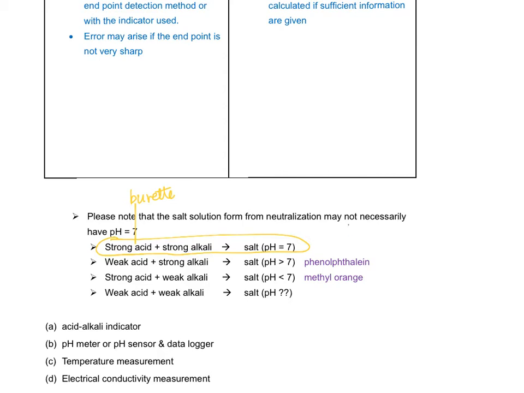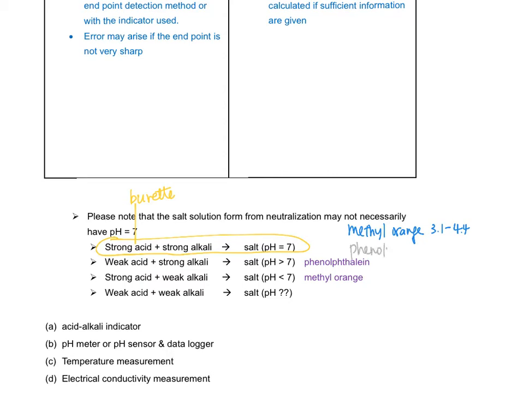We can use either methyl orange or phenolphthalein to indicate our endpoint. Methyl orange changes its color from pH 3.1 to 4.4, so when methyl orange changes color, the solution is in acidic medium. That means an extra amount of acid has been added to the solution.